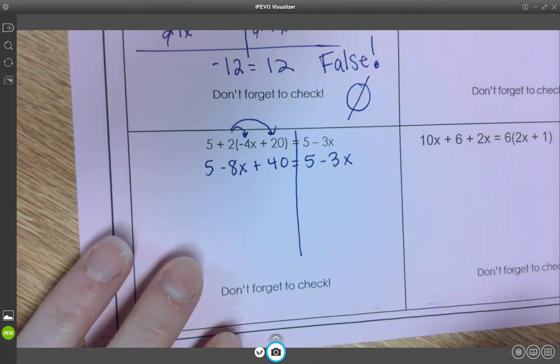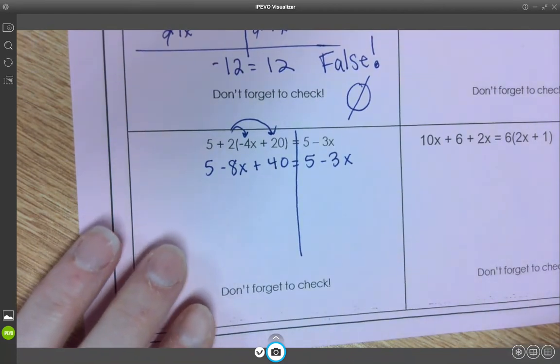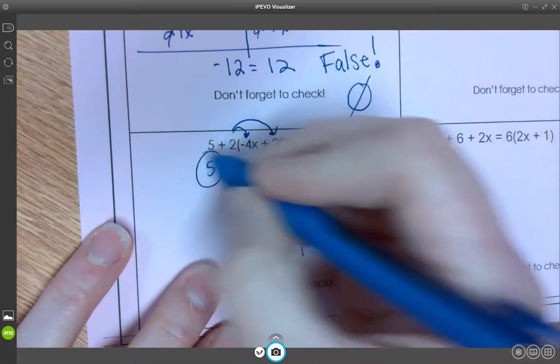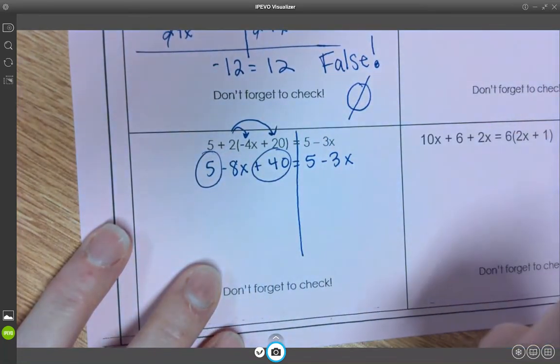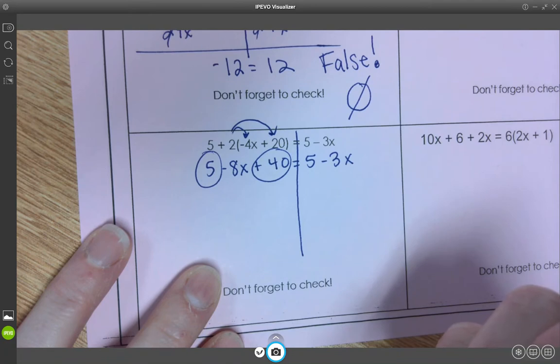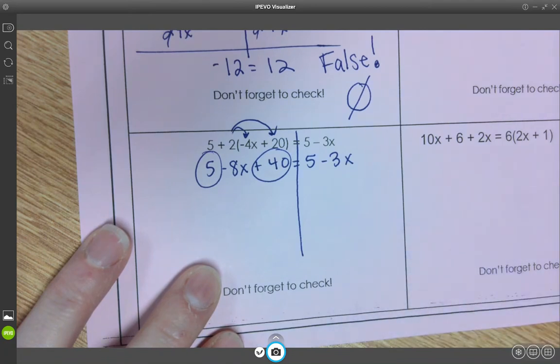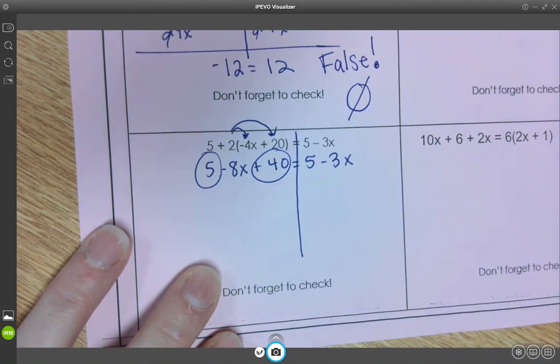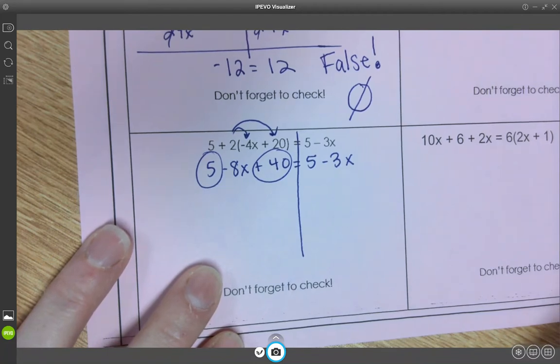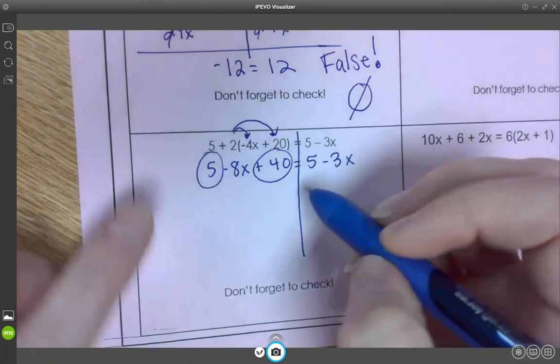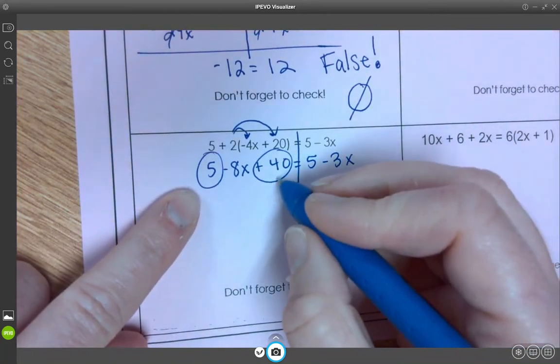Make sure your first step is correct. And so what do I have once I combine these?